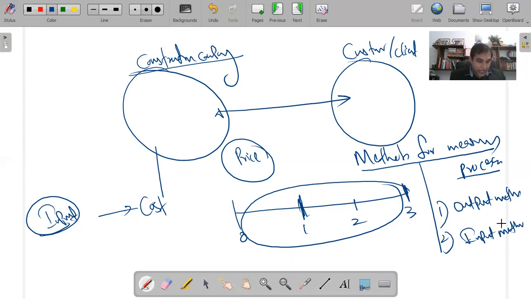You can read about the input method and the output method in section 41. Clear differences are given in this standard book. So you can go to section 41.